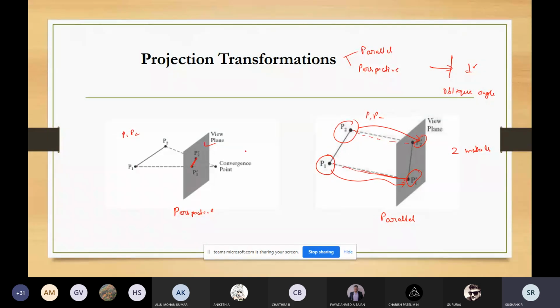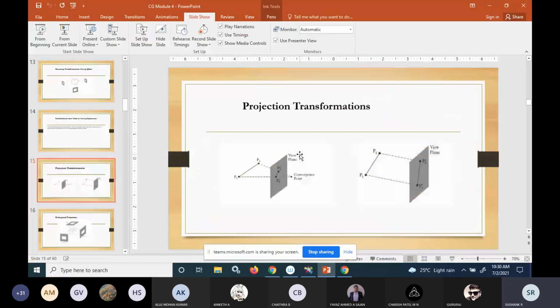So the next one is the perspective projection. So what does perspective projection mean?